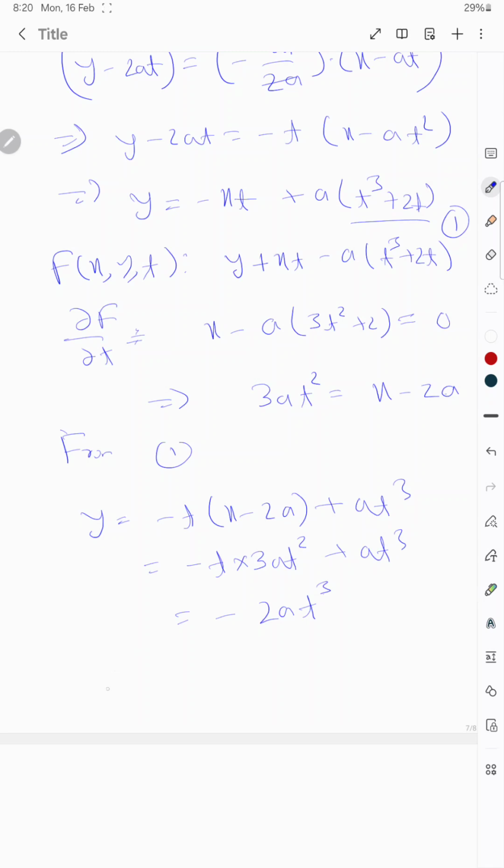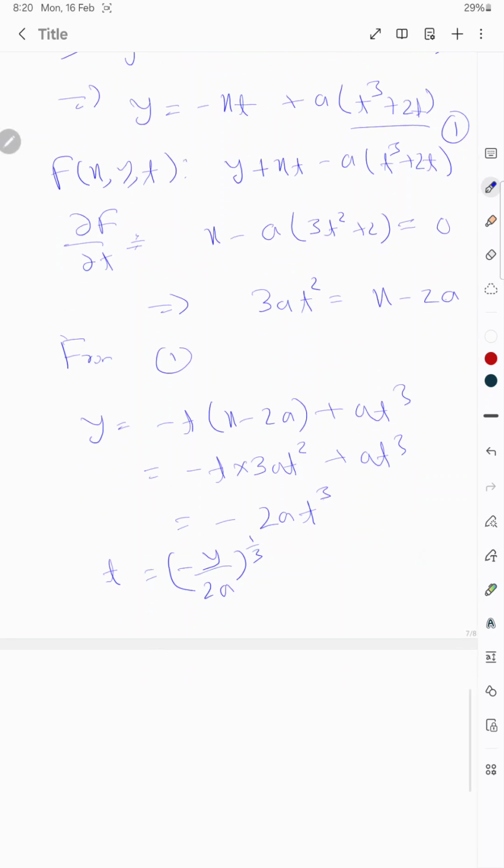So you can say t is like y by 2a to the power 1 by 3. If you substitute this in your first equation, 3a into t square, so minus y by 2a whole square is equal to x minus 2a, and there is 1 by 3, so 2 by 3. Whenever you have a square you can ignore the minus.